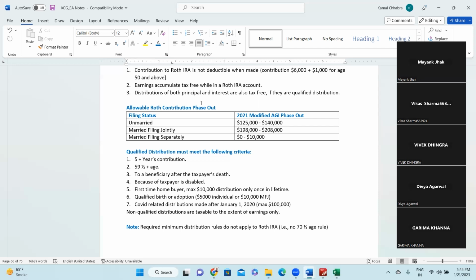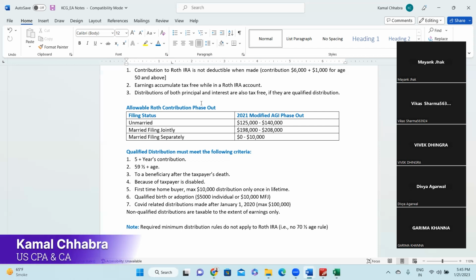For example, if a taxpayer was contributing to the Roth IRA, but unfortunately he or she died before the 5-year period or before the age of 59.5 years, then the amount goes to the beneficiary's hand. In the hand of the beneficiary, it is not considered taxable income.